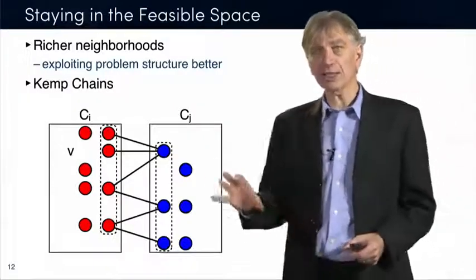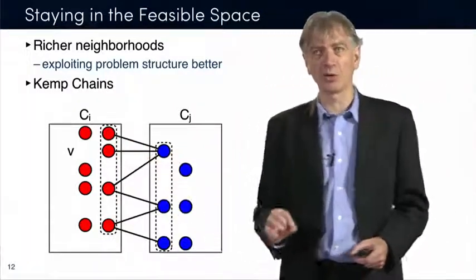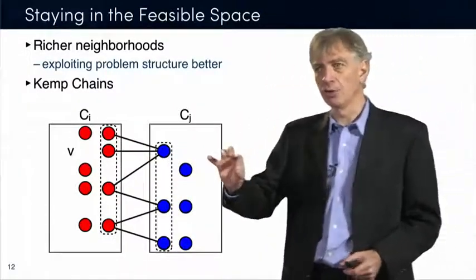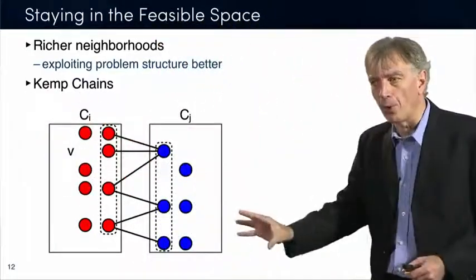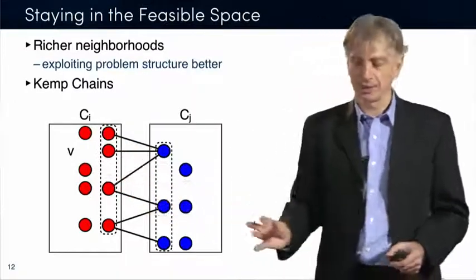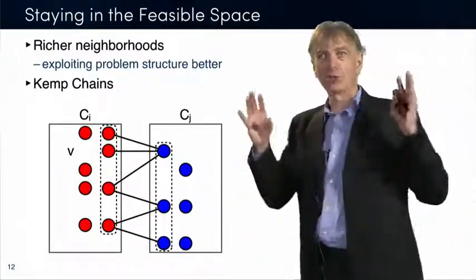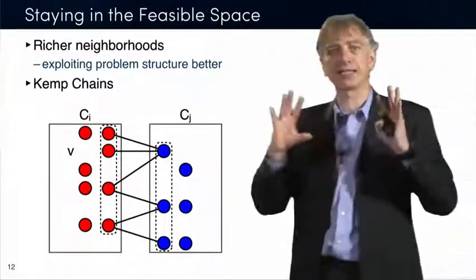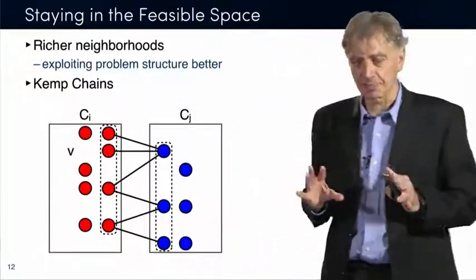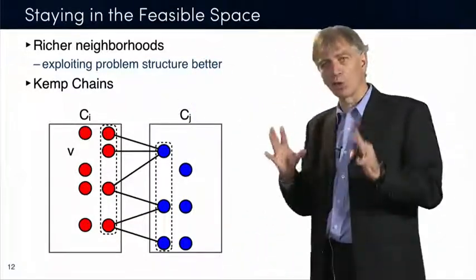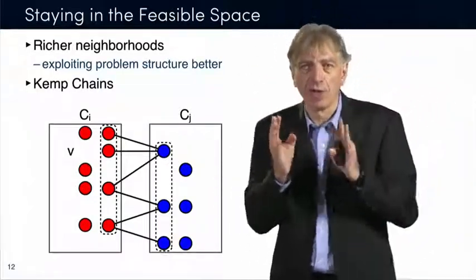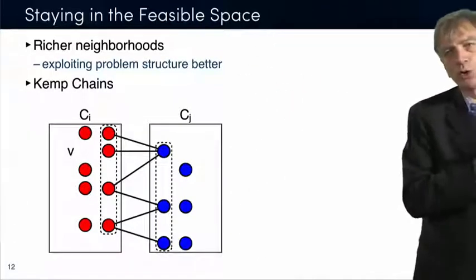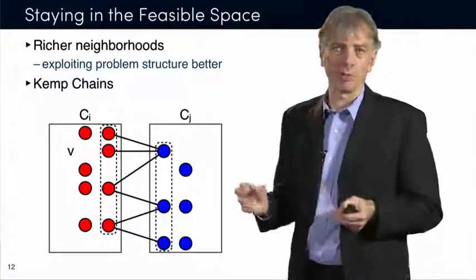So this is a much richer neighborhood. You take a vertex and a color class in which you want to move that vertex, and then you find this component and you swap these two sets of vertices. Much richer neighborhood, but the beauty here is that we are staying in the feasible space. All the colorings are always going to be legal, and therefore we can only focus on the objective function, the same way as I have shown you when I was just swapping the color of a particular vertex.